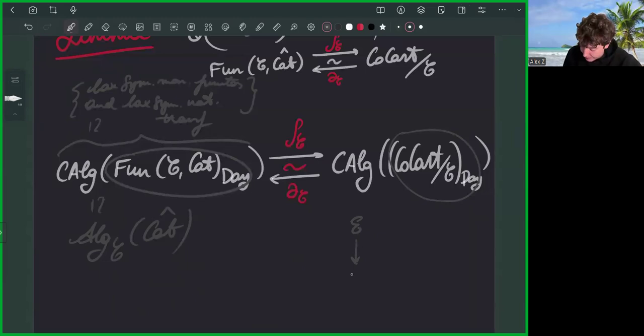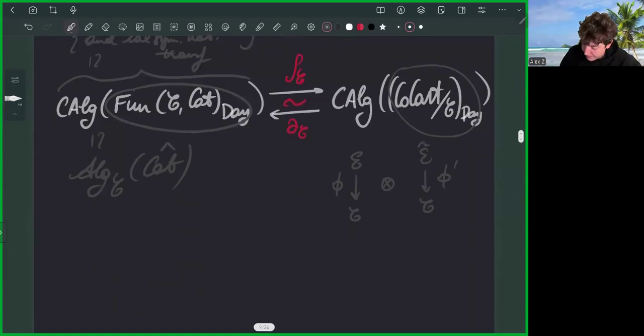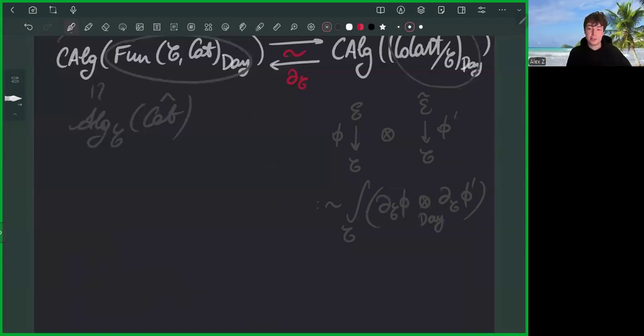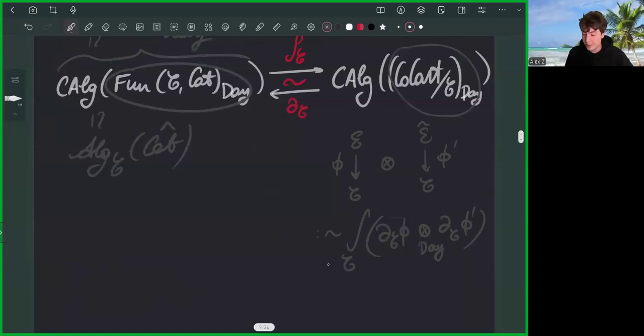So for example, if we have a fibration phi here, and a fibration here, let's call it phi prime, then this thing here by definition is the same as you do the unstraightening of the whole thing, then you straighten phi, and then you do the Day convolution tensor product with the straightening of phi prime. So you just transfer the monoidal structure. It's sort of the cheapest monoidal structure that you can carry along the equivalence. So this will be a symmetric monoidal structure.